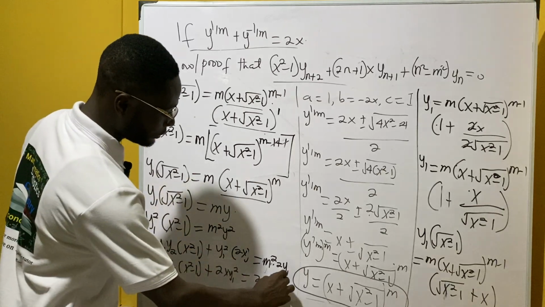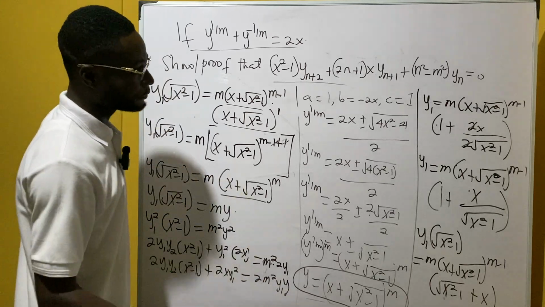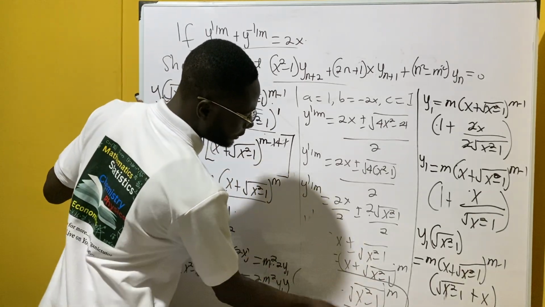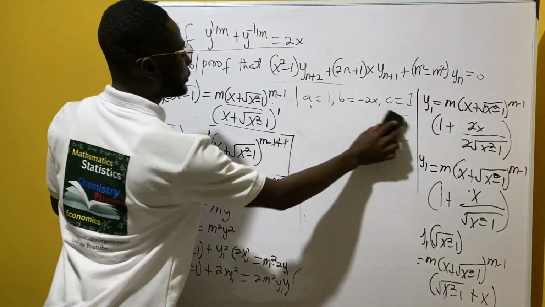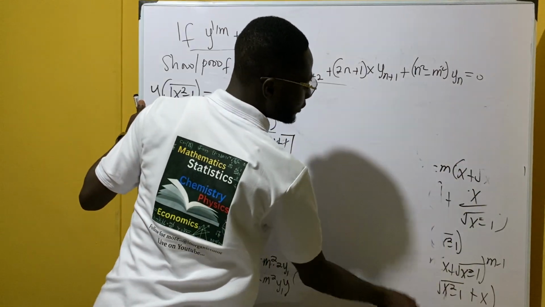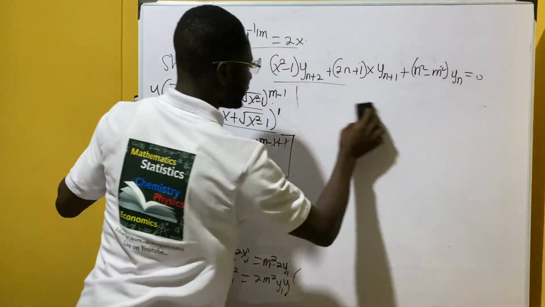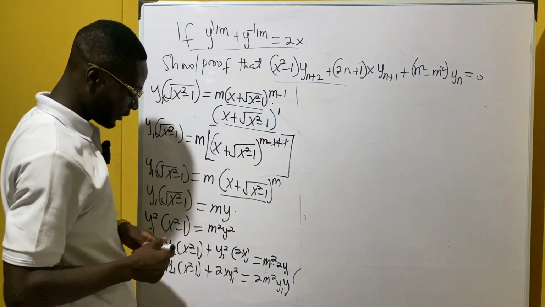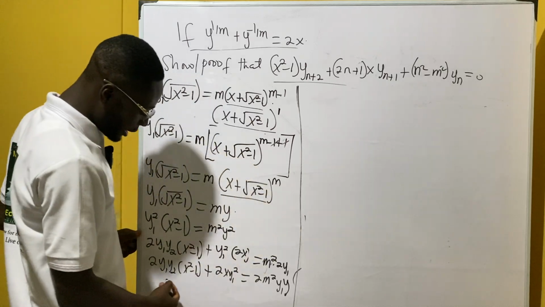Right, let's go to the next step. It's very simple. The next thing is we're going to divide through by 2y1.